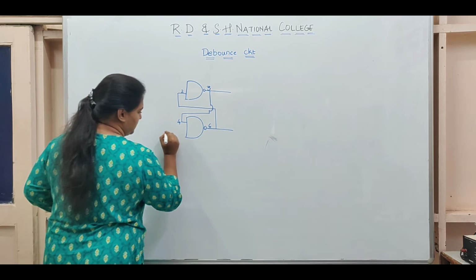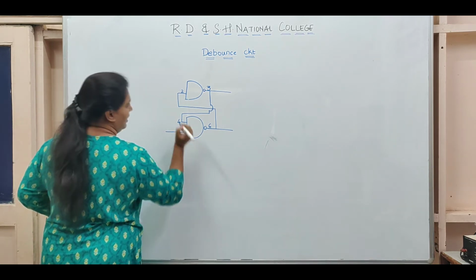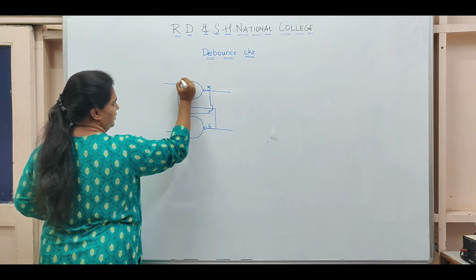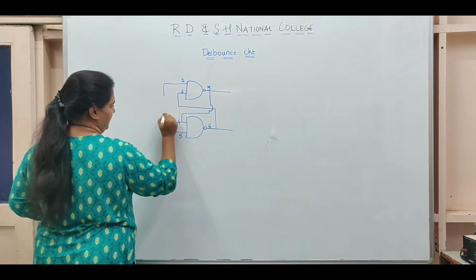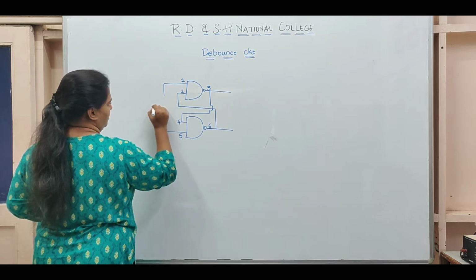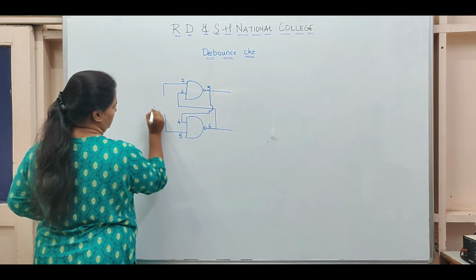Now I have two pins here, pin number 5 and pin number 1, which are also inputs of your NAND gates. These are basically connected to a ground switch.